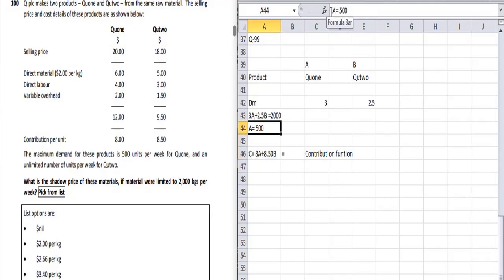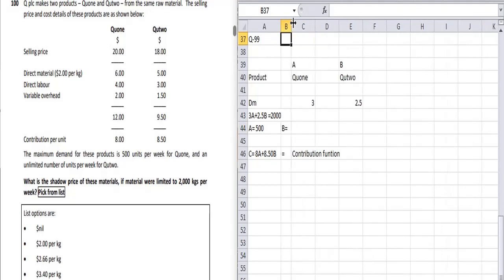If we solve these two equations, we can get the values of A and B. The value of A has already been found, so we can get the value of B. So 2000 minus 3A, where 3A means 3 into 500, which is 1500, divided by 2.5.